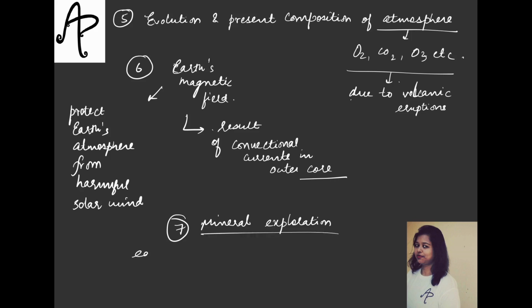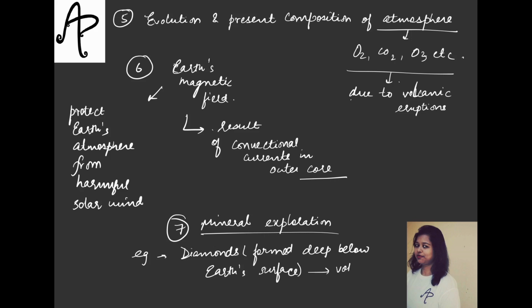For example, diamonds which are formed deep below Earth's surface, but because of the volcanic eruptions or volcanic activities, they are brought to the Earth's surface.